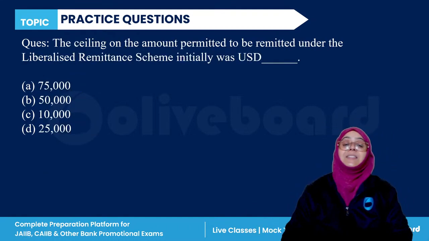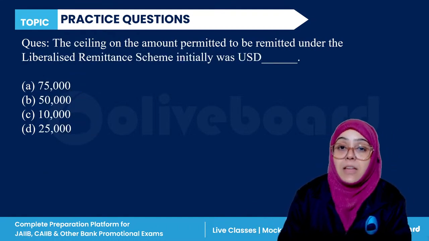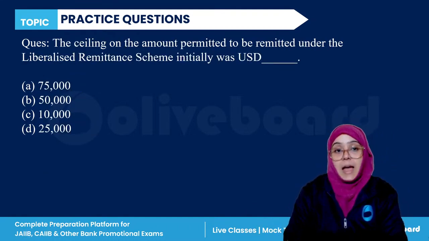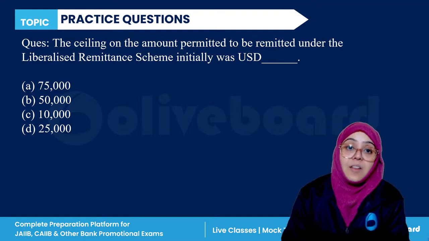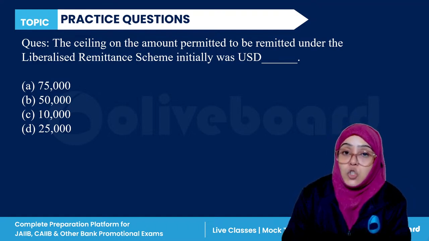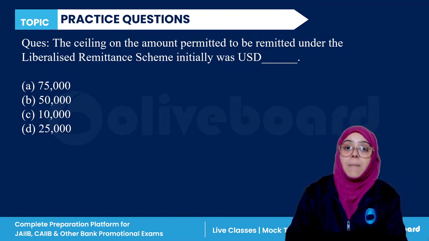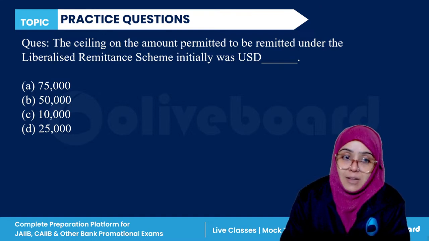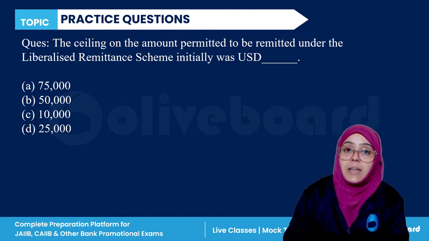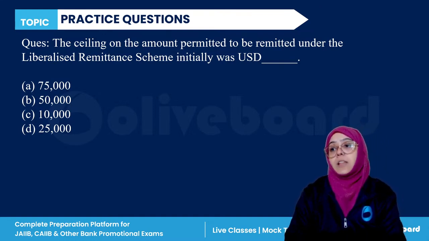Next. The ceiling on the amount permitted to be remitted under the Liberalized Remittance Scheme initially was how many dollars? 75,000, 50,000, 10,000, or 25,000?